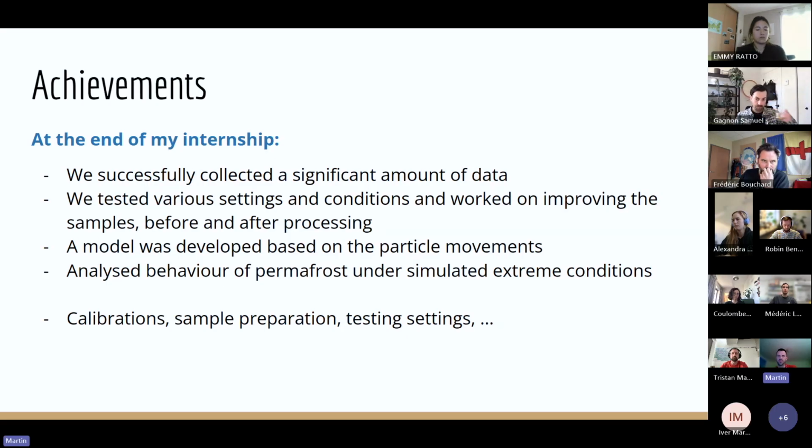Because the whole box could be moved and tilted, we could change many different parameters. So we tried multiple conditions and had a lot of data related to different parameters. Also, we created this model, which was later used for the permafrost big box.